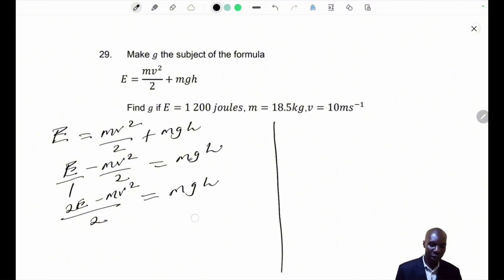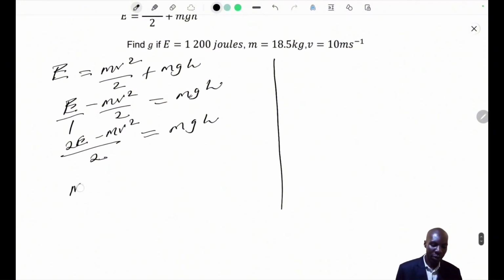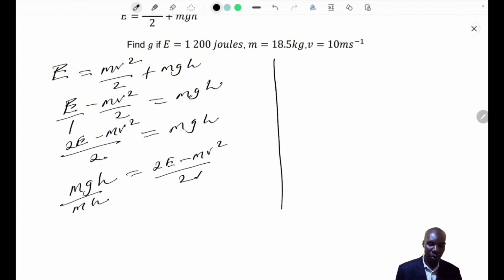So we have mgh given by 2E minus mv squared over 2. If I divide both sides by mh, this one will cancel like that. Then I'll be left with G equals 2E minus mv squared over 2mh.